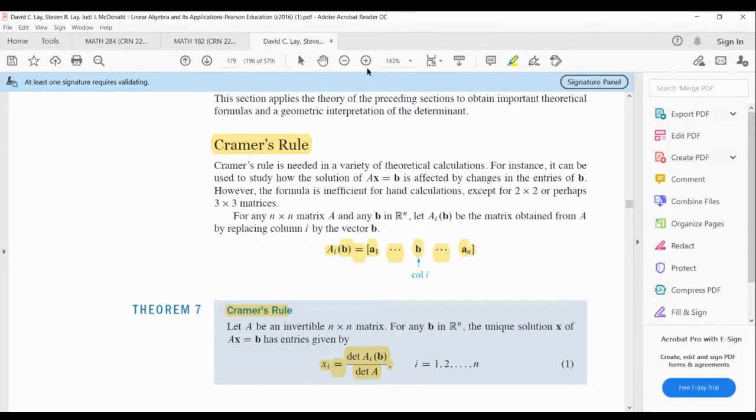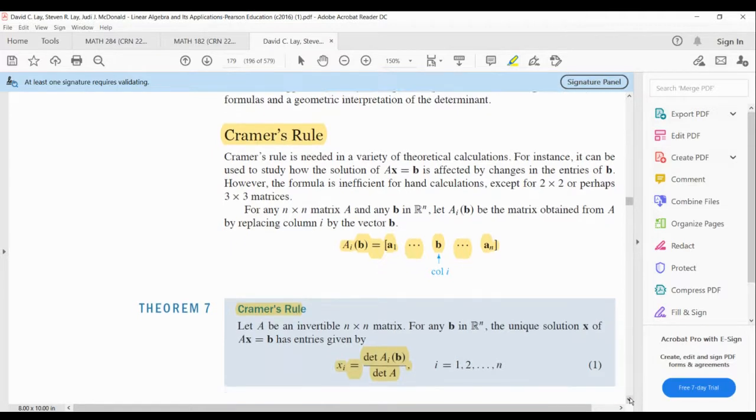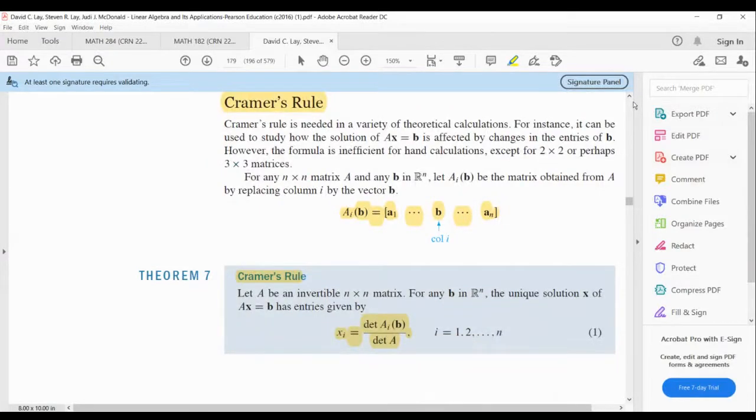When you take the matrix A, and you notice this matrix A consists of column vectors of A, but if you replace the ith column vector of A with that constant vector B for your system of equations, that's called A sub i, the matrix A sub i of vector B. I just call it A sub i B. So the solution to a system of equations can now be found this way.